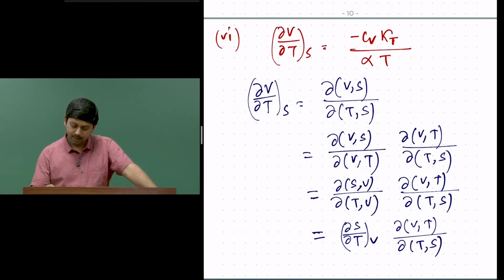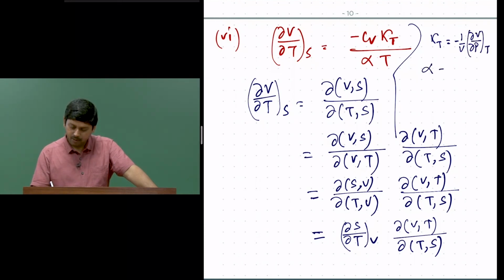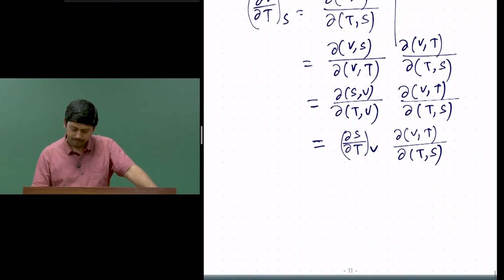That is why. So, for example, we know that kappa T is by definition isothermal compressibility. So, it will be minus 1 by V, we have to compress, right. So, del V by del P at a constant temperature, and alpha we know as coefficient of thermal expansion, which is del V by del T at a constant pressure. So, now kappa T by alpha, we have shown that before, but I will show it here again.